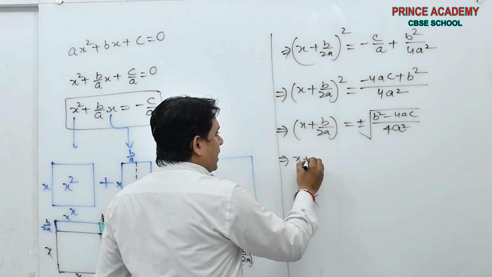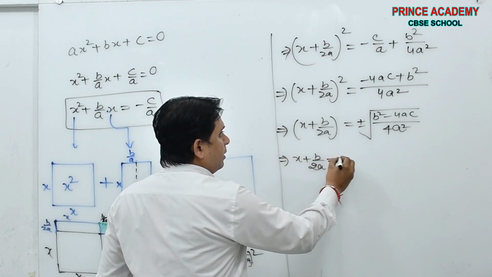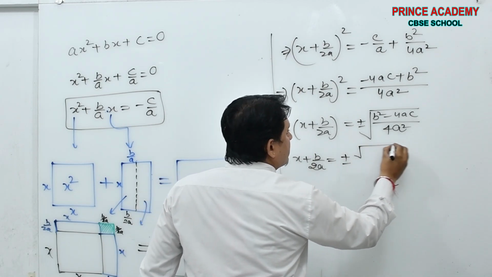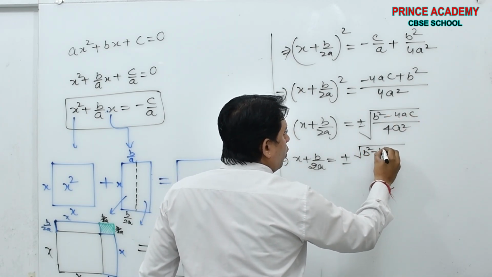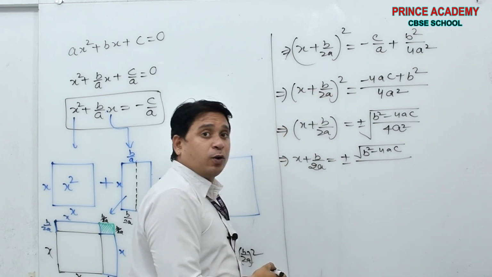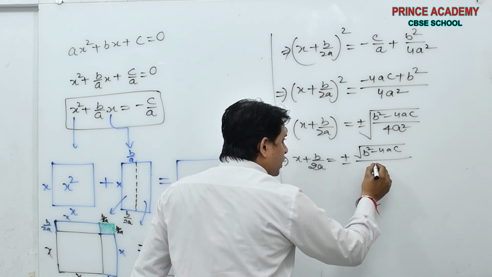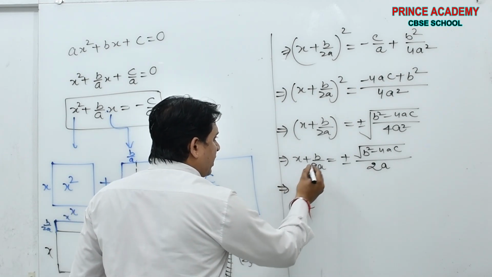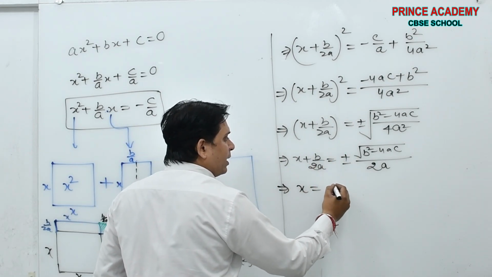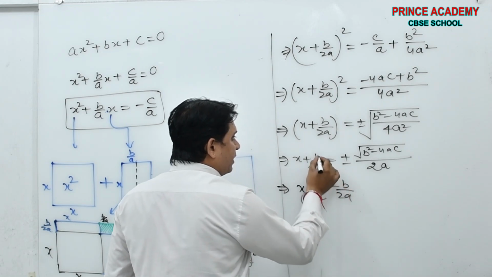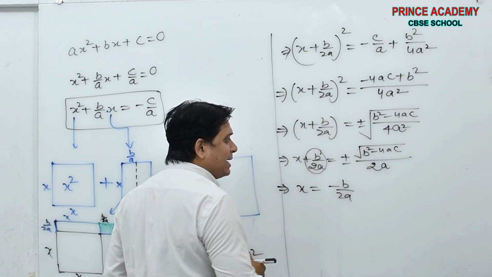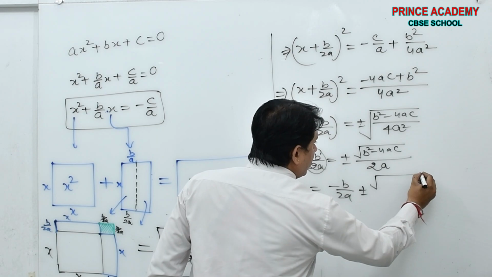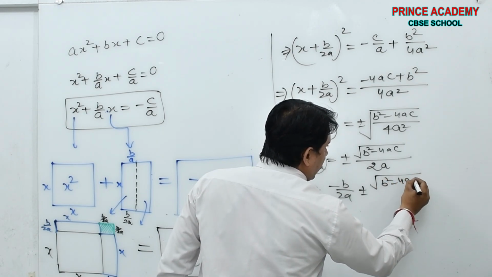See beta, x plus b by 2a will be the square root of this, with the root on the numerator and the denominator, square root of 4a square is 2a. Now when we shift this towards the other side, x is equal to minus b plus minus root of b square minus 4ac by 2a.